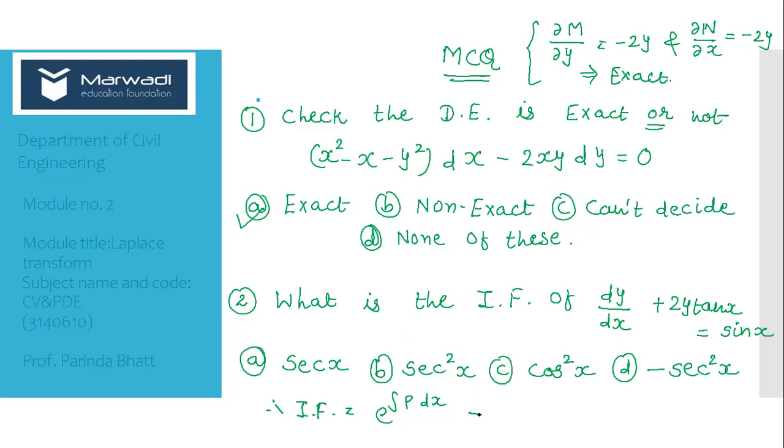E raised to integration 2 tan x dx. Integration of tan is log mod sec, therefore e raised to 2 log sec x. Then apply the power, and e and log cancel out. Therefore, the answer is sec square x.